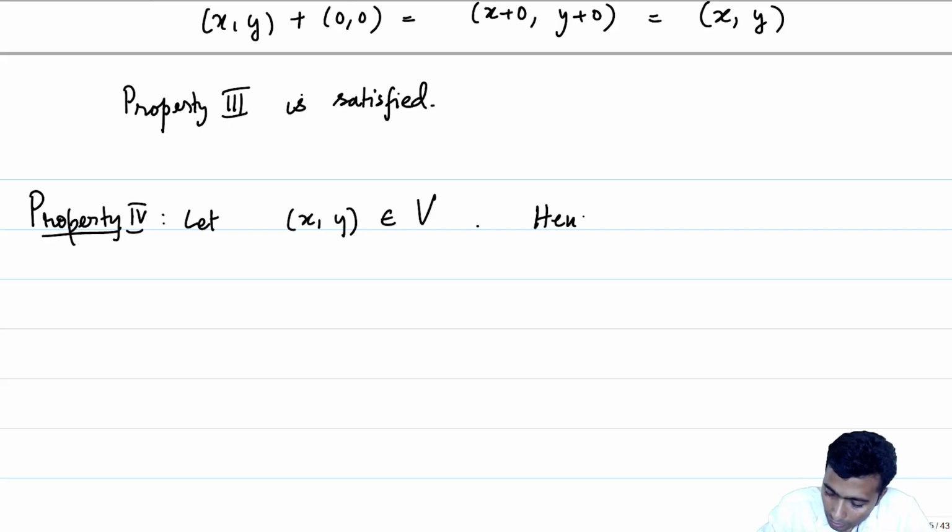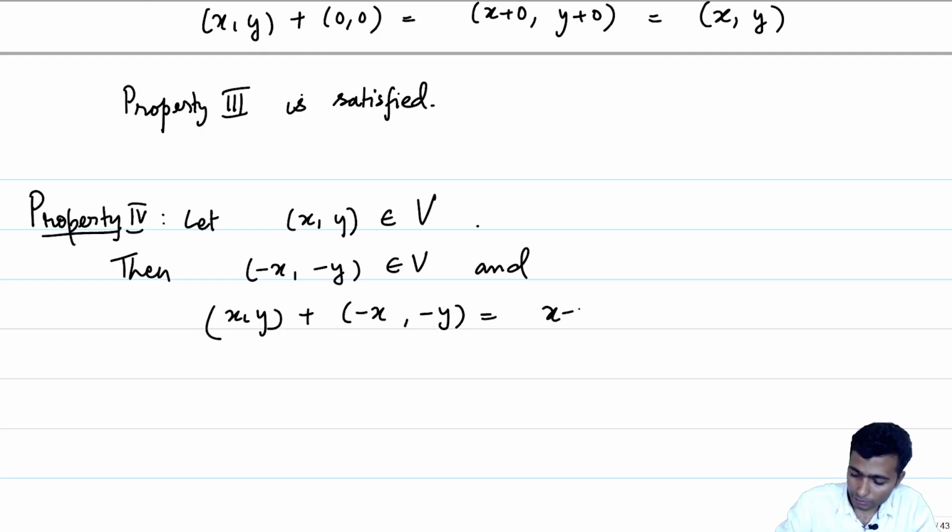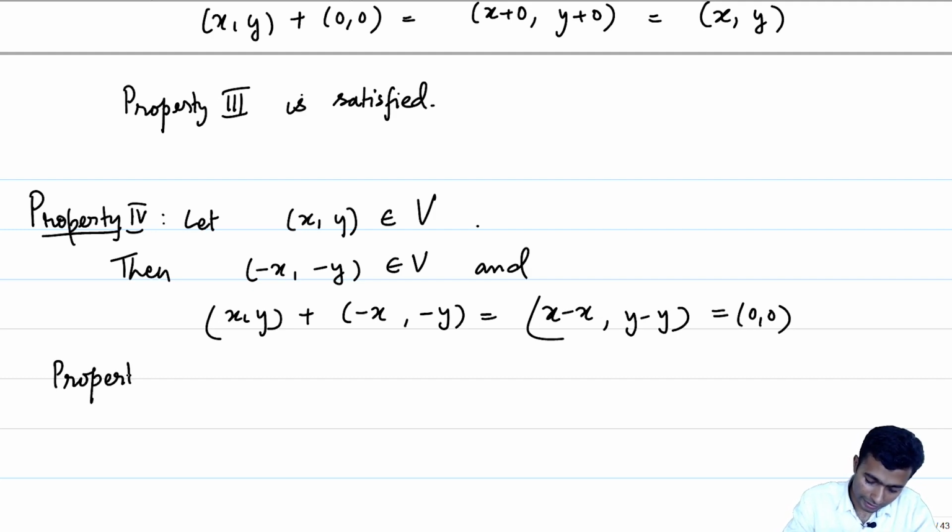Then hence minus x, minus y is a candidate, right? Then minus x comma minus y is an element of capital V, and x comma y plus minus x comma minus y is x plus minus x, which is x minus x, y plus minus y, which is y minus y, which is nothing but the 0 element. So yes, property 4 also is satisfied. Every vector v has an additive inverse.